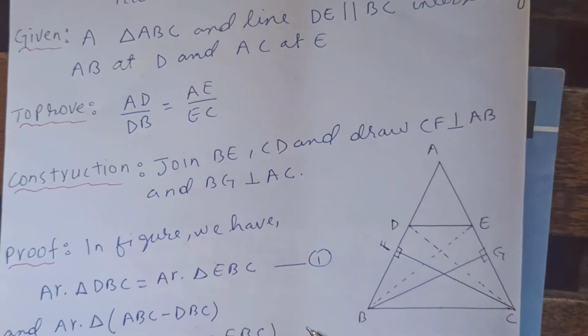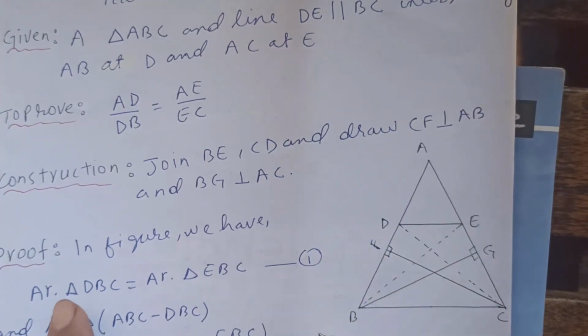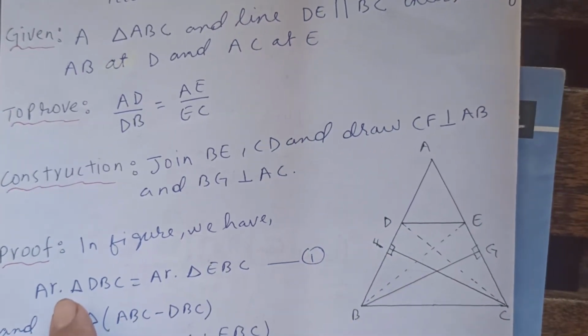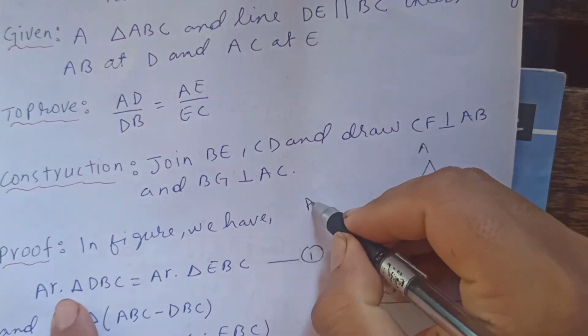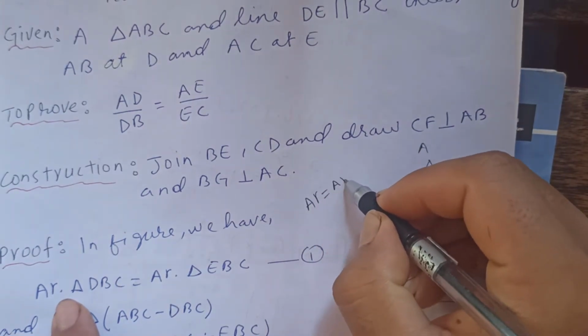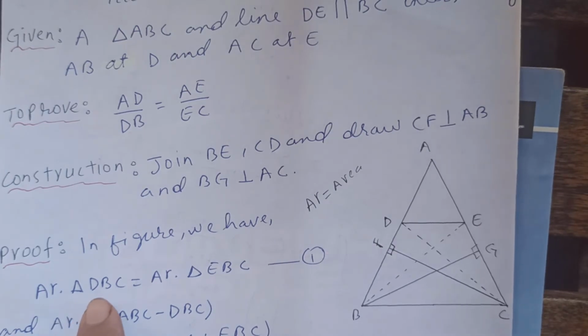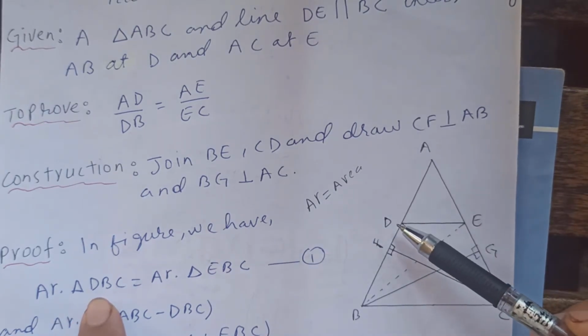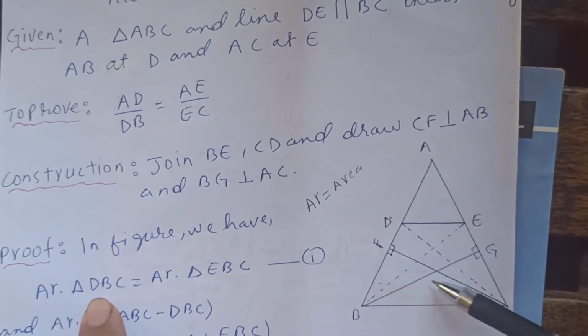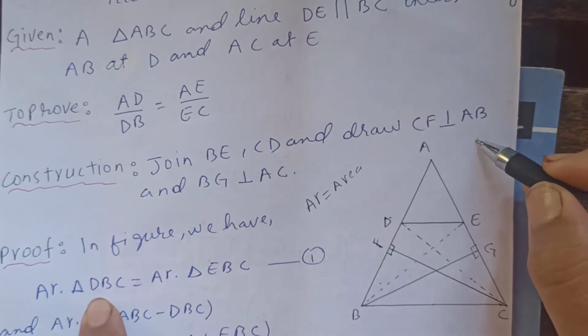Now in this figure, this AR means area. The area of triangle DBC, meaning this triangle, something like this.